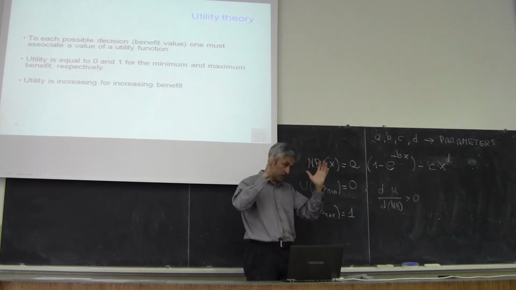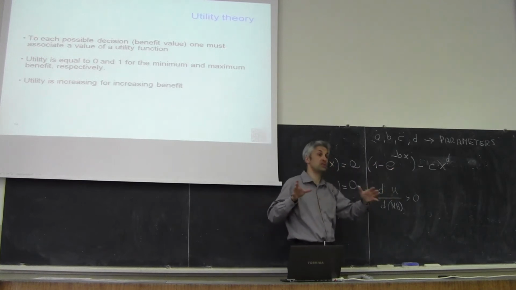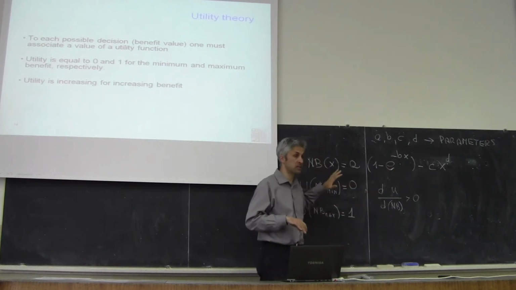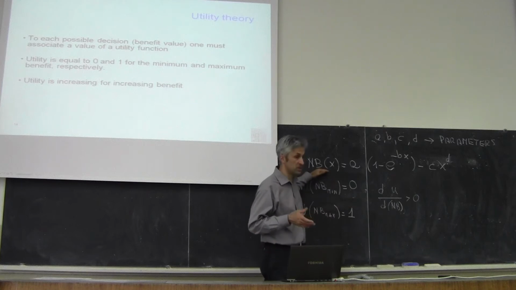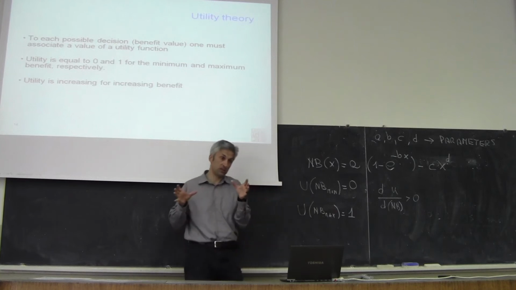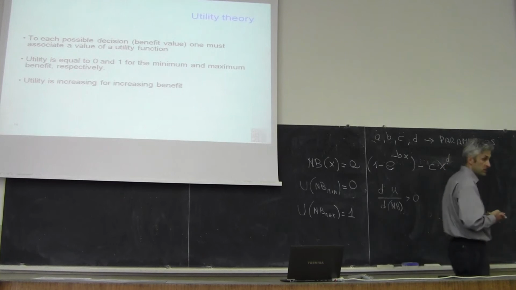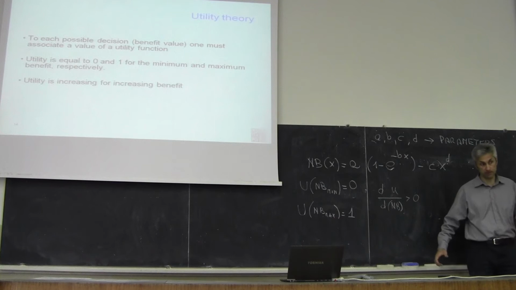So let's consider that we have this objective function. We have a possible solution x, which is an integer, three possible values for the parameters, and so we have a finite set of benefits that can be achieved. And now we have to find a subjective way of associating this finite set of possible benefits to a utility.